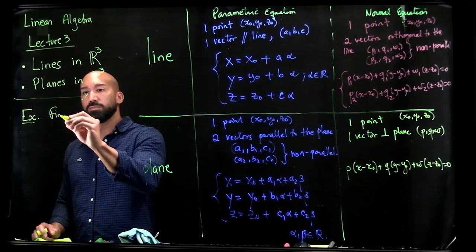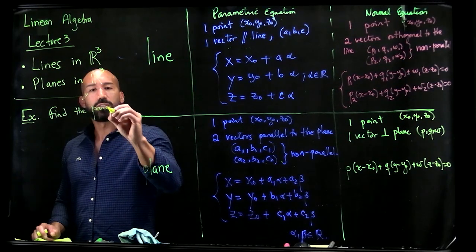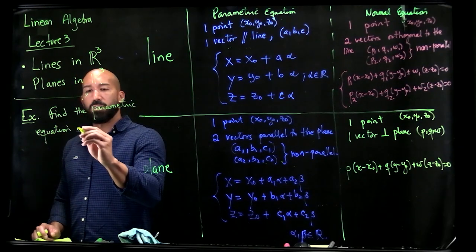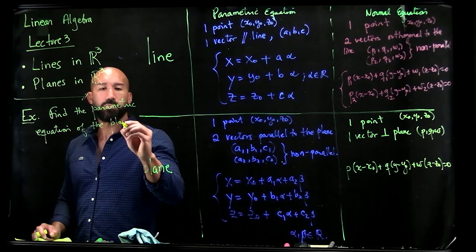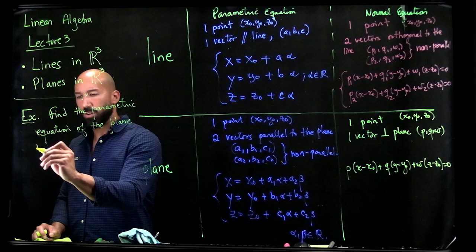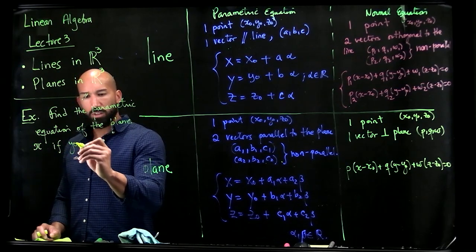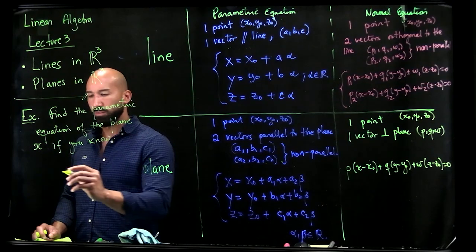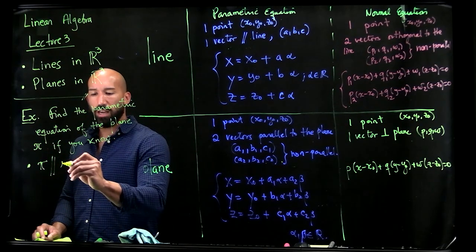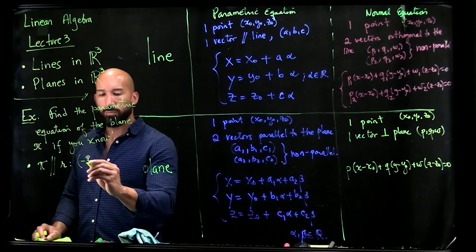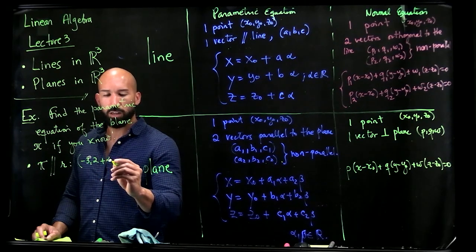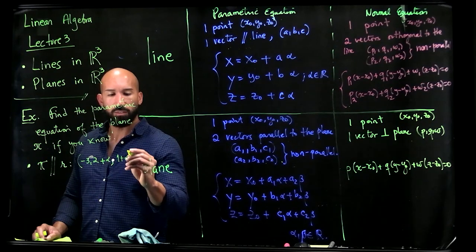Exercise: find the parametric equation of the plane, let me give a name to this plane, I'm going to call it pi, if you know, first, pi is parallel to the line r described by the equation (-3, 2, 0) plus alpha times (0, 1, 1), alpha real.